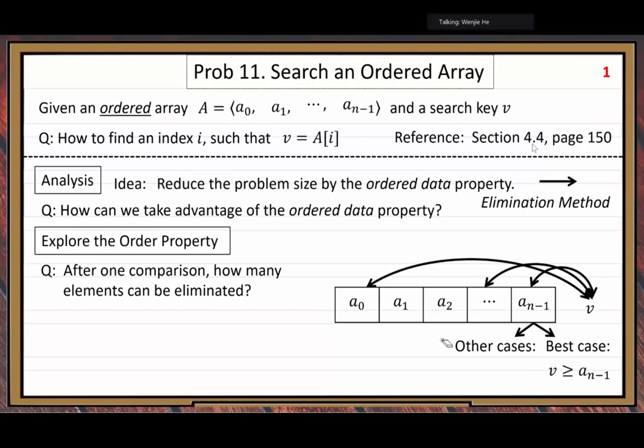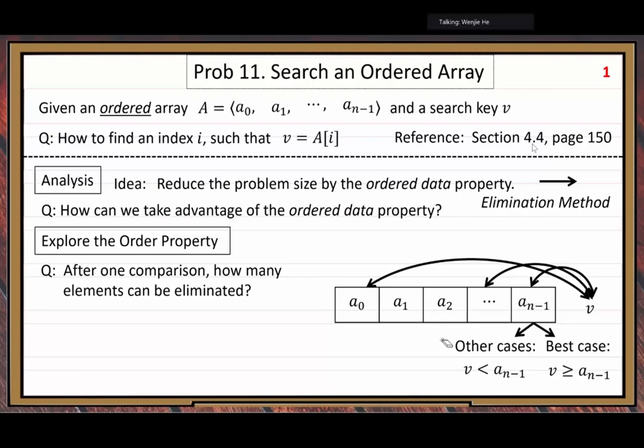For the left branch, where V is less than A sub n minus 1, there are many different cases included, and you get the minimum elimination.